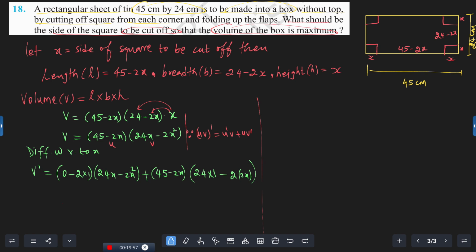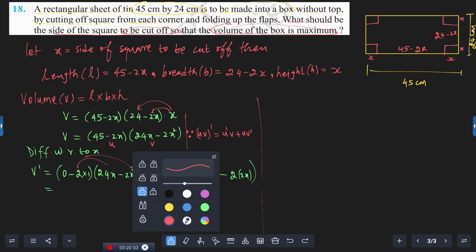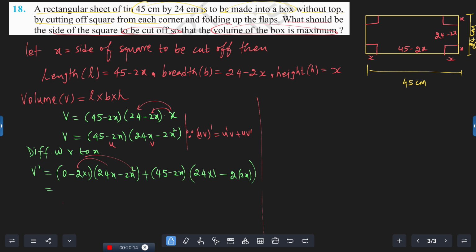Simplify. What is common? Minus 2 you take and multiply inside. Or else shall we take minus 2 outside, instead of multiplying it, which would become a big number. So take minus 2 outside: minus 2 times (24x minus 2x square).